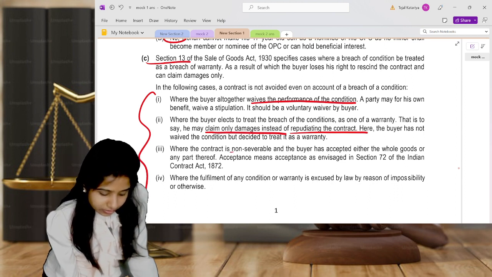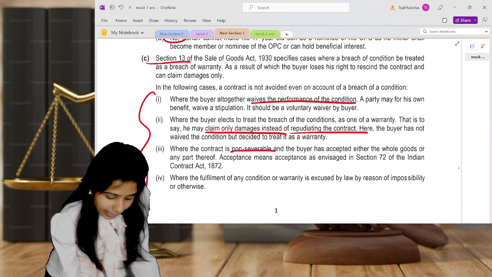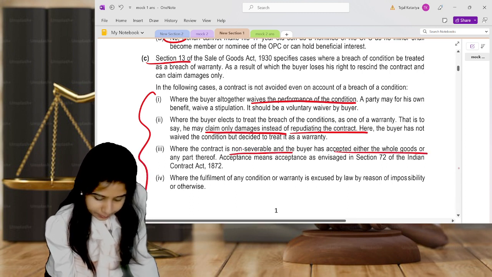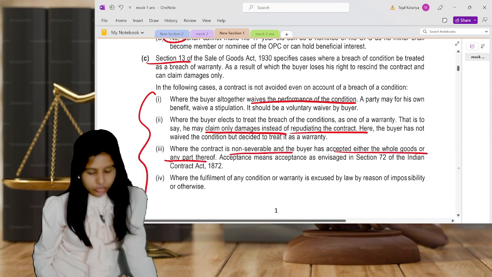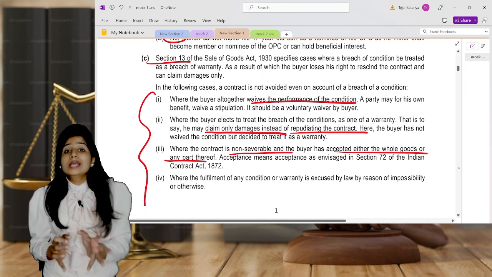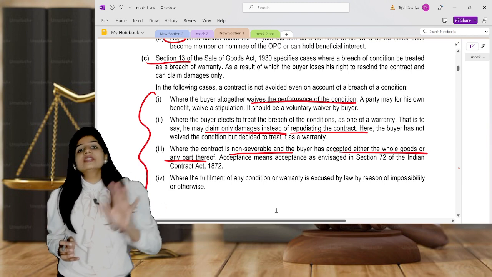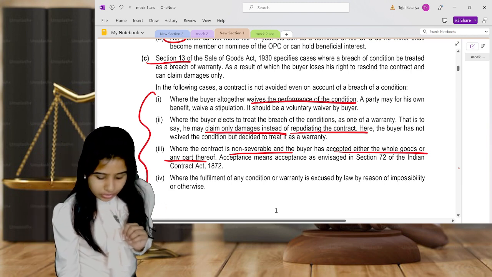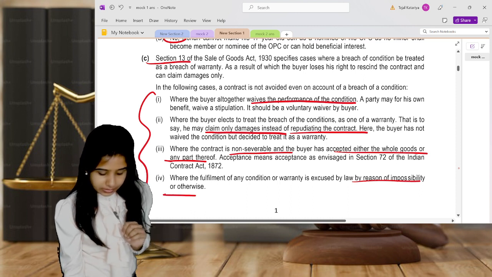And the third is whenever the contract is non-severable and the buyer has accepted either the whole or the part of the goods. First of all, it's not severable, that is not separable, plus he has already accepted the part of it or the full goods. Then in that situation, and the last was because of impossibility or otherwise, excused by law.